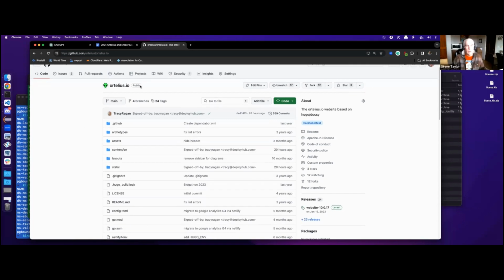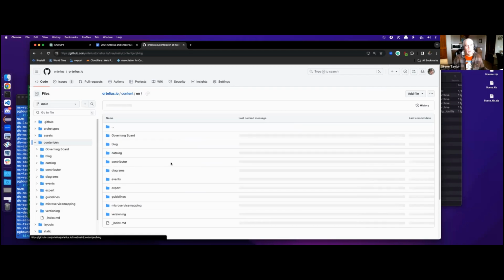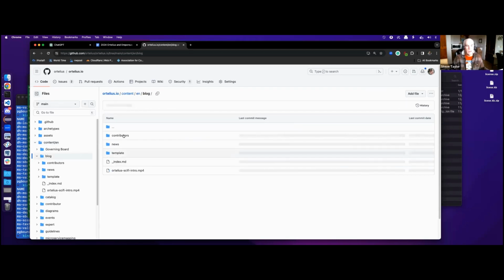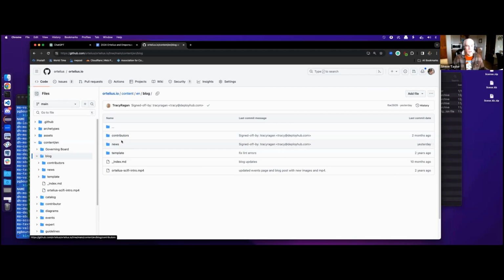So for the blogs in the Ortelius repo, if you go to the content English section, you'll see that there's a blog directory. And I think it would just go into the contributors.